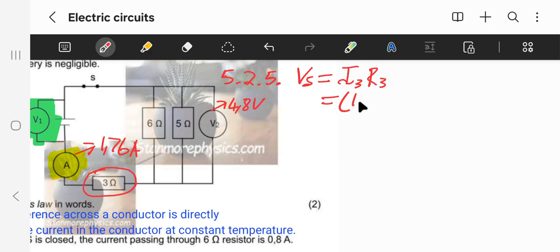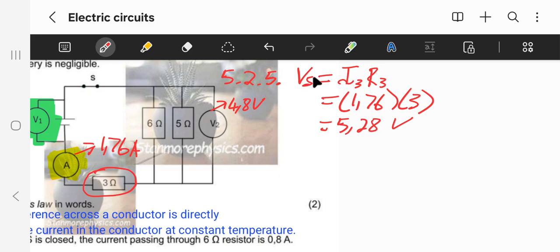The current on the 3 ohm resistor is 1,76 multiplied by the resistance of this resistor, and that's 3. So we multiply 1,76 times 3, and the answer we get is 5,28 volts. This is the voltage in series.